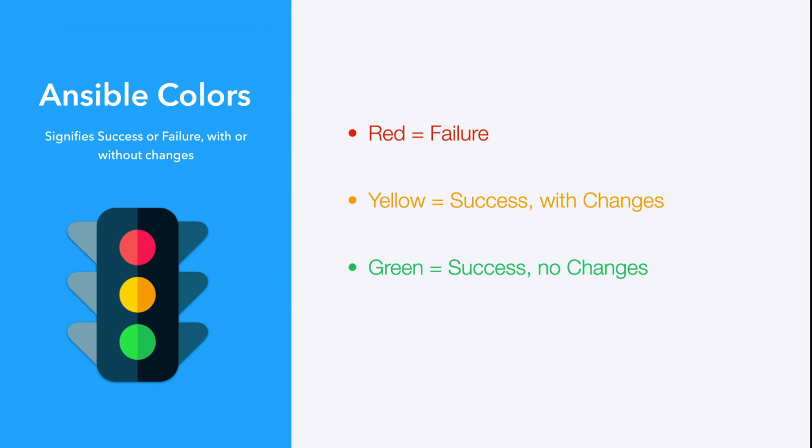when we ran our command, you may have noticed that the output was yellow. Ansible uses the following color schemes for its output: failure in red, success in green, and changes with success in yellow.